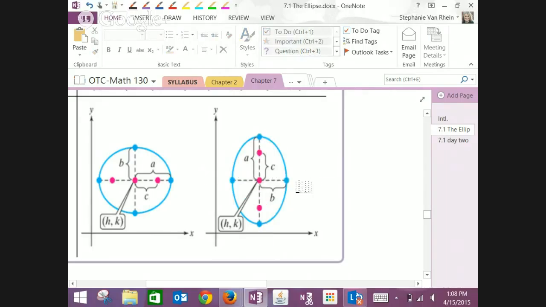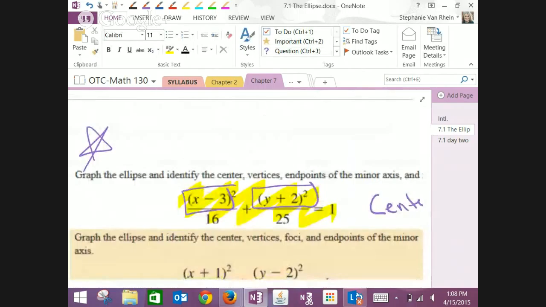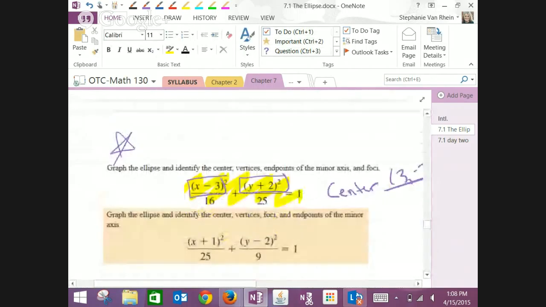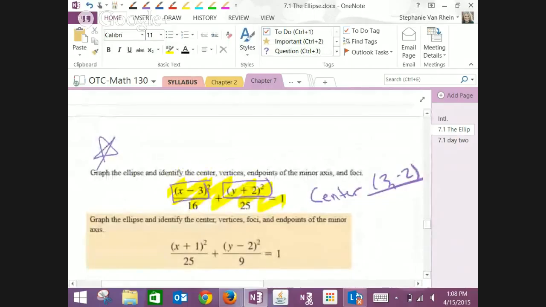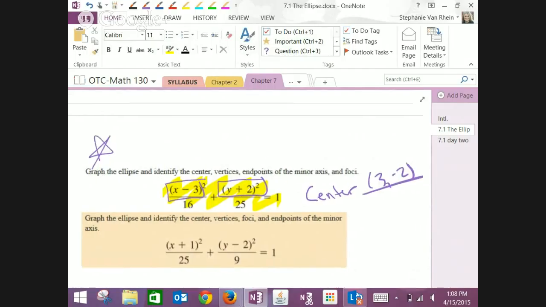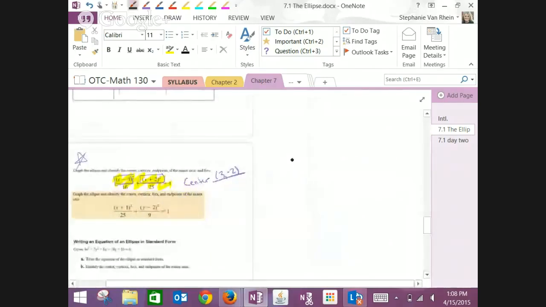So we started to look at the example given here, and I didn't give you guys too much room. So the first thing we want to notice is the center, and the center is at 3, minus 2. So if I was to start to graph this, I might say 1, 2, 3, 1, 2.